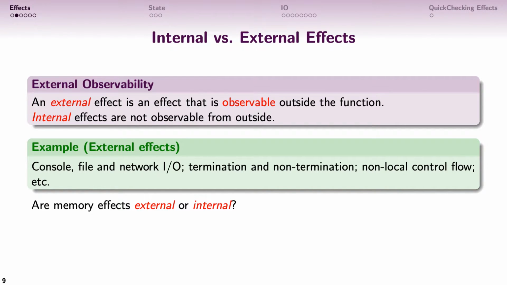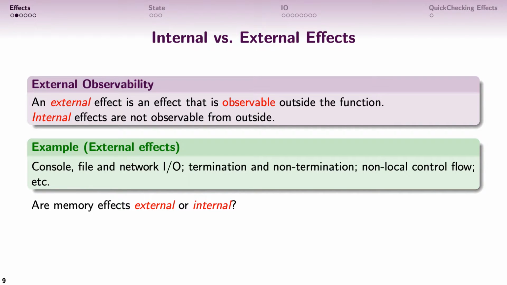But if I have a memory effect, if I read or write to memory, then the internality or the externality of that effect depends on which memory address I read or write to. For example, if I write to a global variable, that would definitely be an external effect, because another part of the program can see that that global variable has been changed.